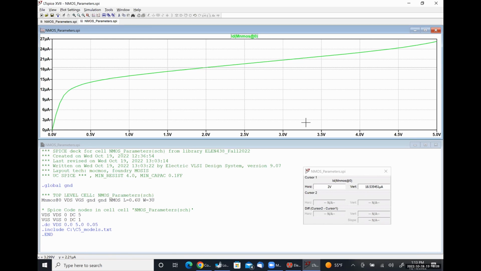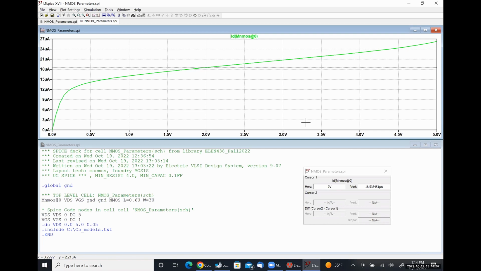And now it's math time again. So let's do some math. So twice 18.5 microamps over 400 microamps per volt squared times 0.25 volts squared is equal to 1 plus lambda times, so 2 minus 1 is 1 minus 0.75.